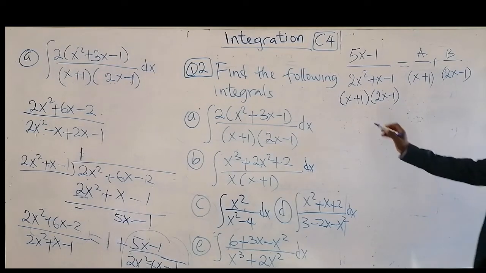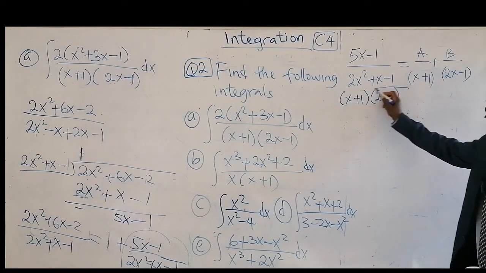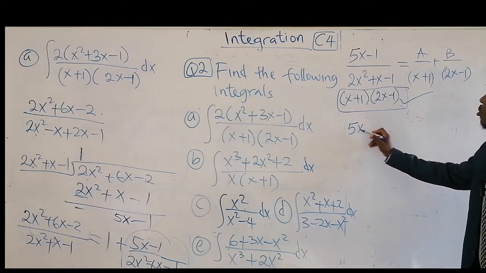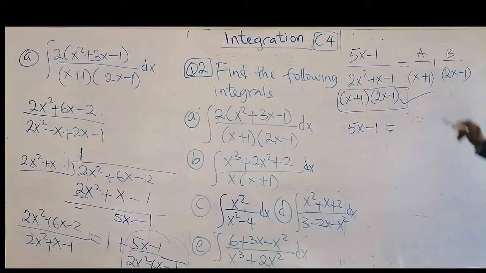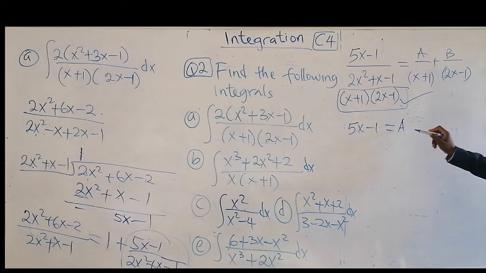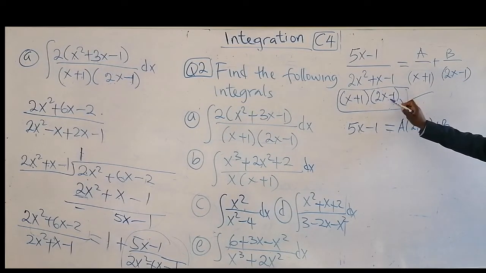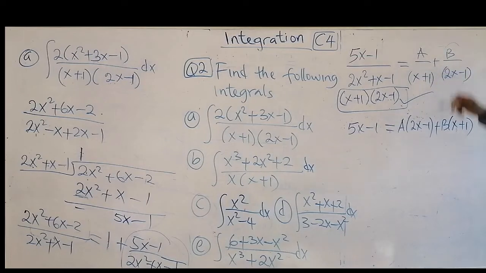So we're going to multiply through the equation by this common factor. So you're going to have on the left, you have the numerator. This fraction A over this one times the common factor, you have A times 2x minus 1. Then plus B, this one and this one cancel out. So you have B times x plus 1.